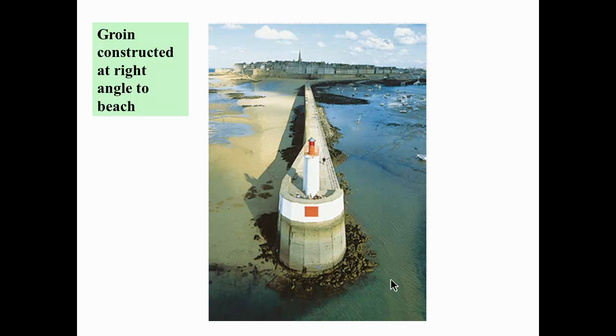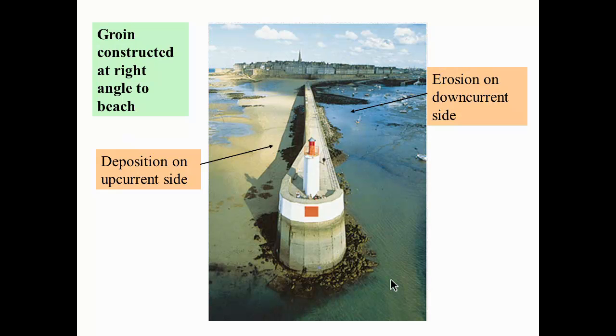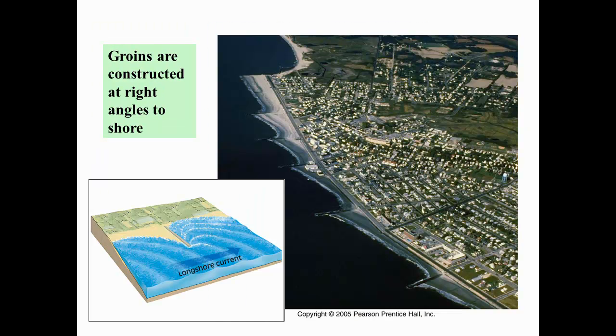Now, groins are structures constructed at right angles to the beach. And the groins, for the most part, deposit sediment on the upcurrent side, whereas on the downcurrent side, there's extensive erosion because of the sediment-poor nature on the other side of the groin.